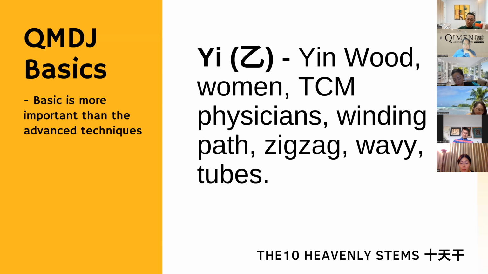This particular Chinese character is like an inverted S, something like zigzag. It's like a Z. So you can always remember this is like a Z, zigzag. So representation: older woman, TCM, zigzag. That's all.